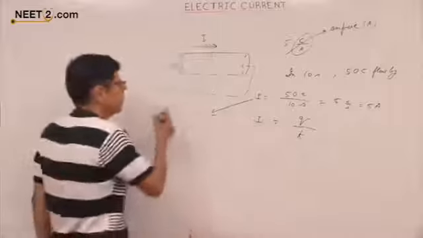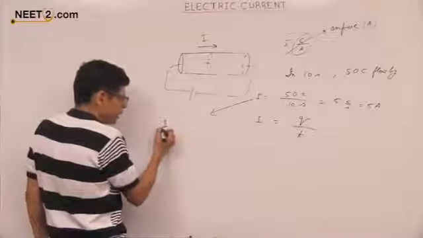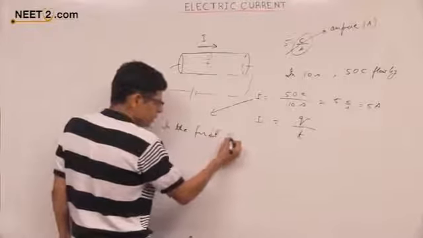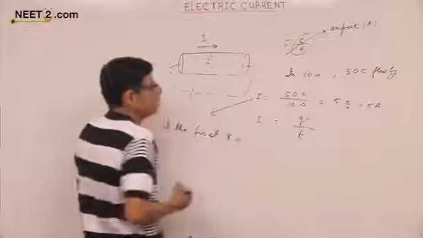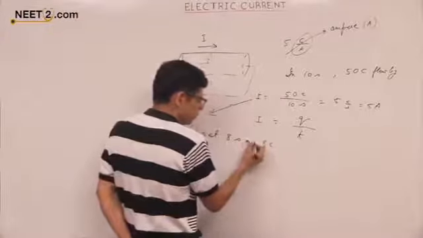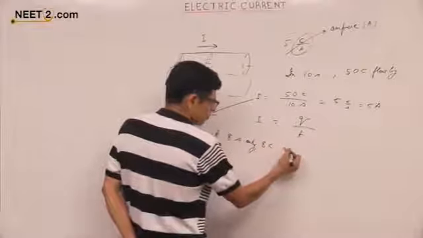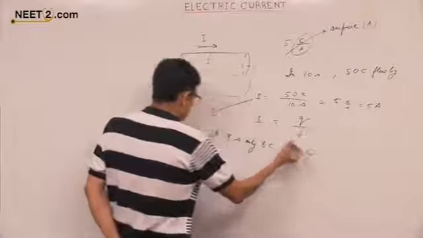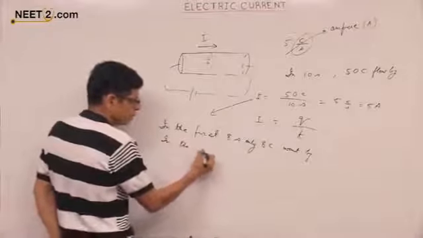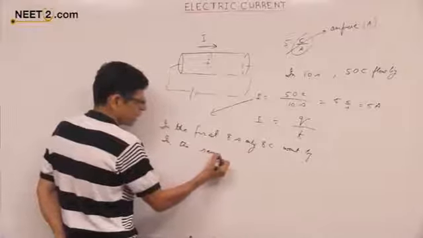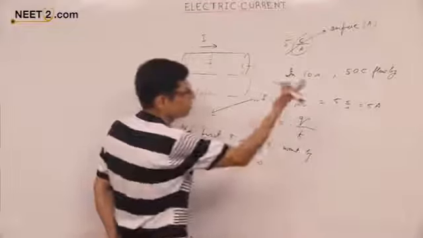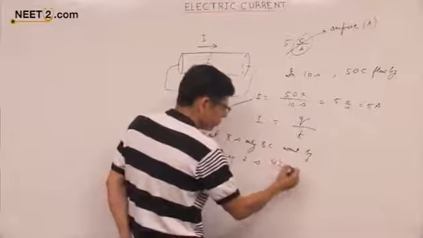What happened was, in the first 8 seconds, out of 10 seconds, only 8 coulombs went by. Whereas in the remaining 2 seconds, last 2 seconds, the rest, how much? 42 coulombs went by.